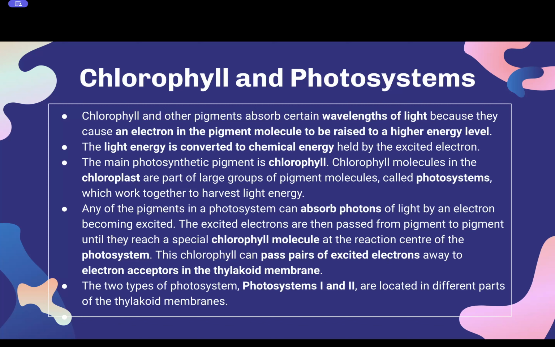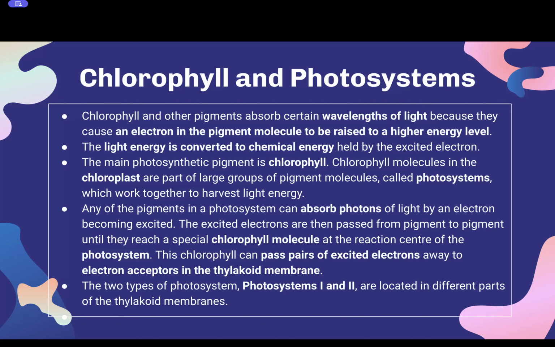And all of the pigments can absorb the light, but the photons of light have to reach the chlorophyll molecule at the reaction center of the photosystem to be able to pass on through the electron transport chain. Electrons cannot be transported by any other pigment other than chlorophyll, which is what makes chlorophyll so special.